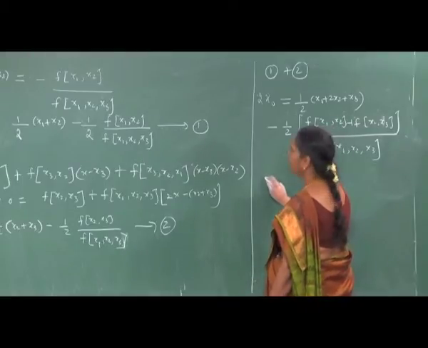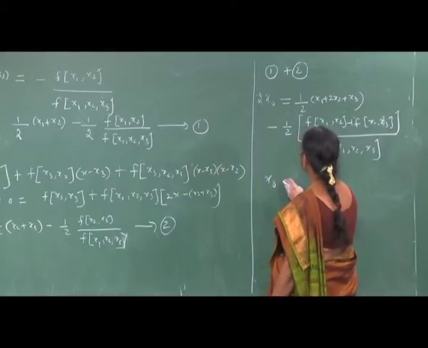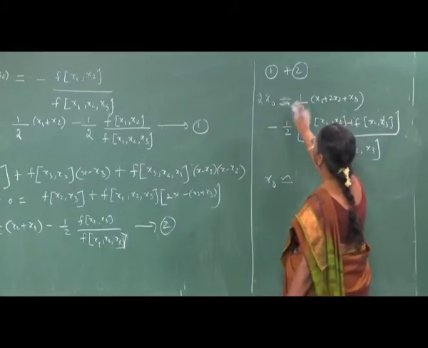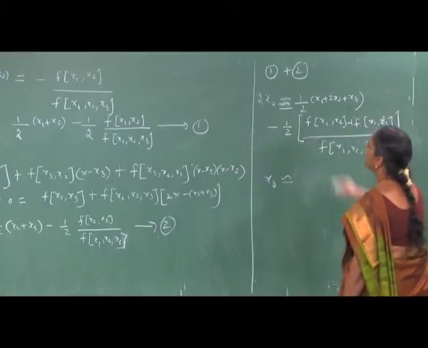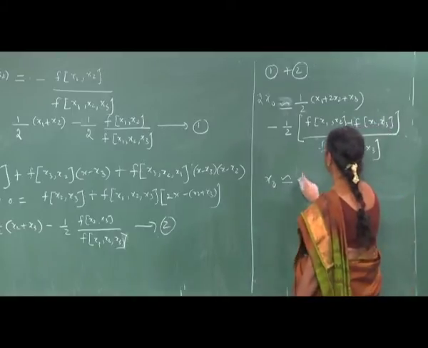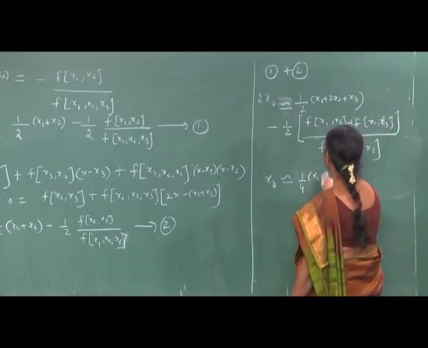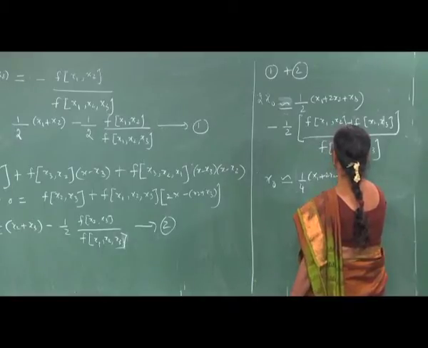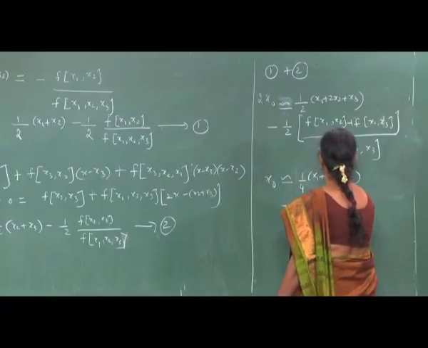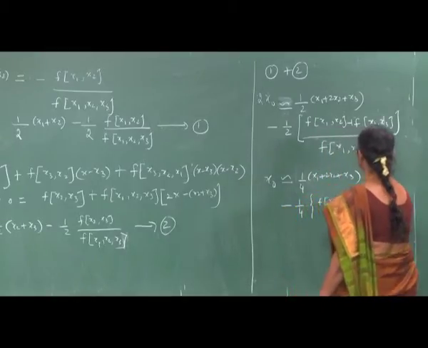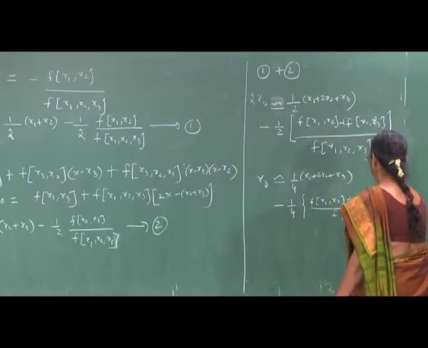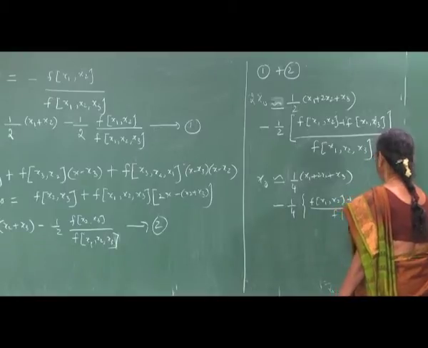And therefore, x naught will be given by, of course, this is an approximation. So, I shall denote it as this. x naught is approximately 1/4 times (x1 plus 2x2 plus x3) minus 1/4 times (f of x1, x2 plus f of x2, x3) divided by f of x1, x2, x3.